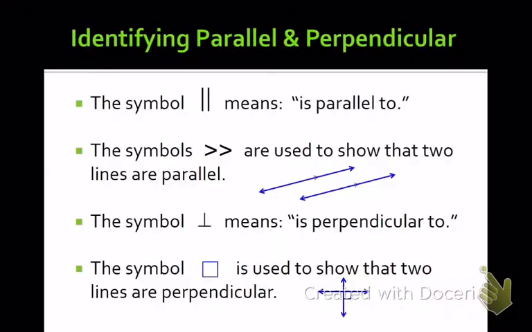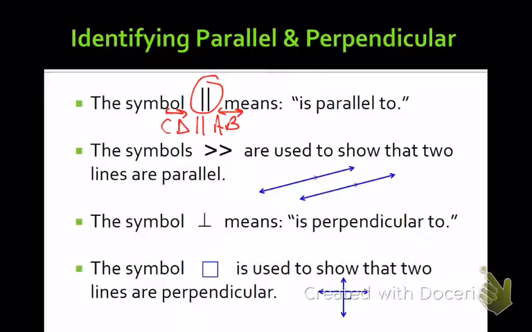Now, as we're writing and trying to assume some things from diagrams, some things we need to be aware of. First of all, this double pipe right here basically means parallel. So if I want to say that line CD is parallel to line AB, then I would use that parallel symbol.